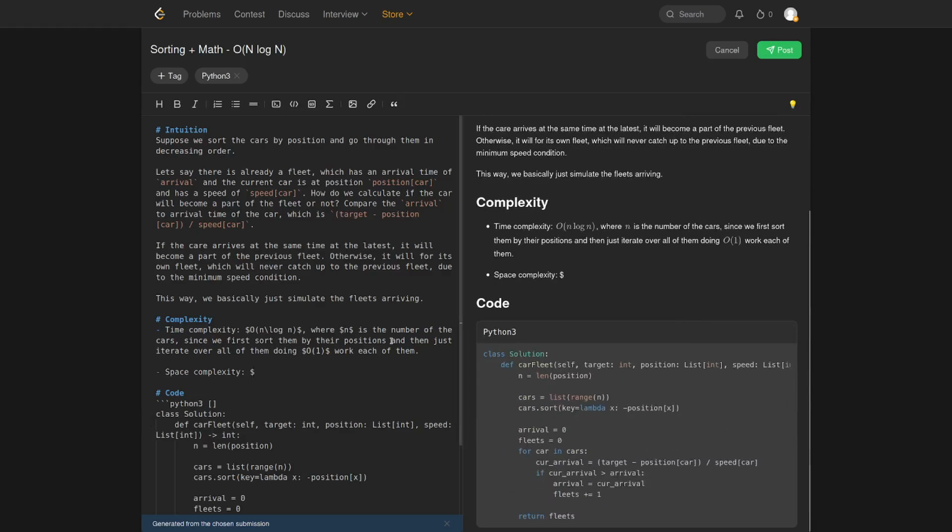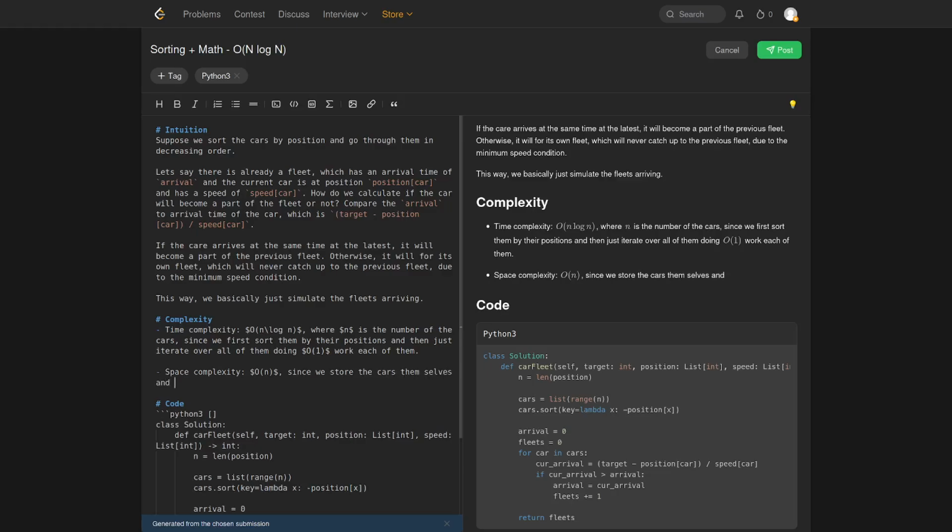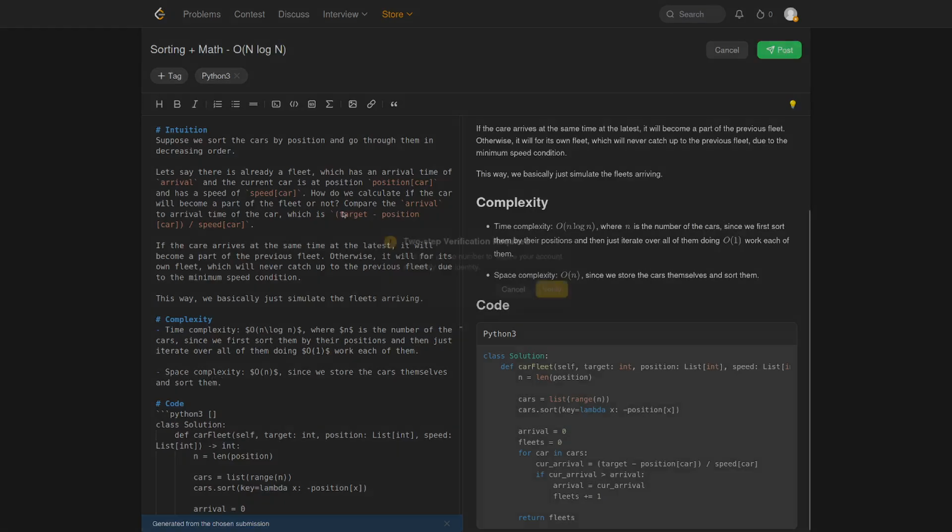Space complexity is O(n), since we store the cars themselves, I mean theoretically in place, whatever. Okay, post. Okay, goodbye.